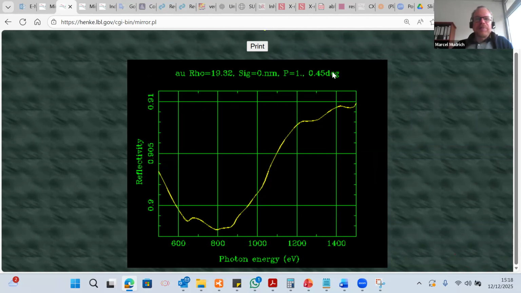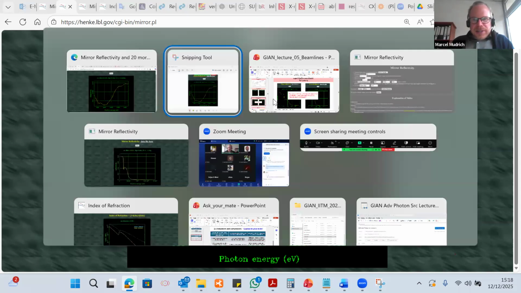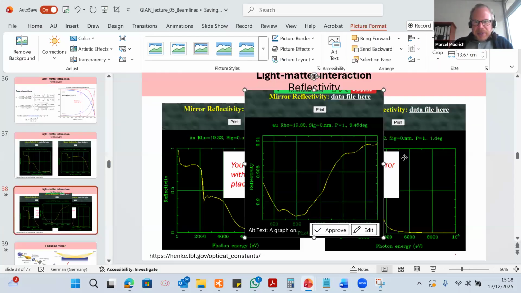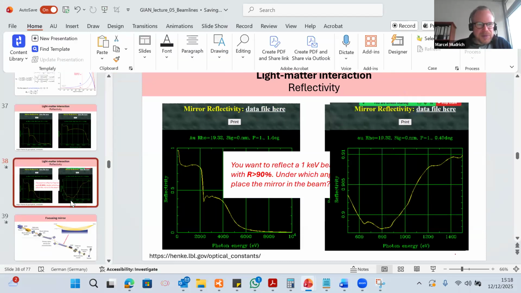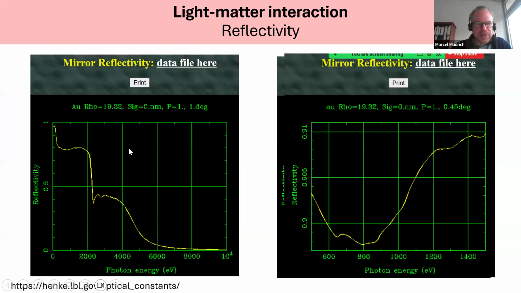So something around 0.45 degrees seems to be a decent value. All right, this is more to make you play around with this website, because it's very instructive and useful if you're interested in finding out any of these optical properties of the different materials.